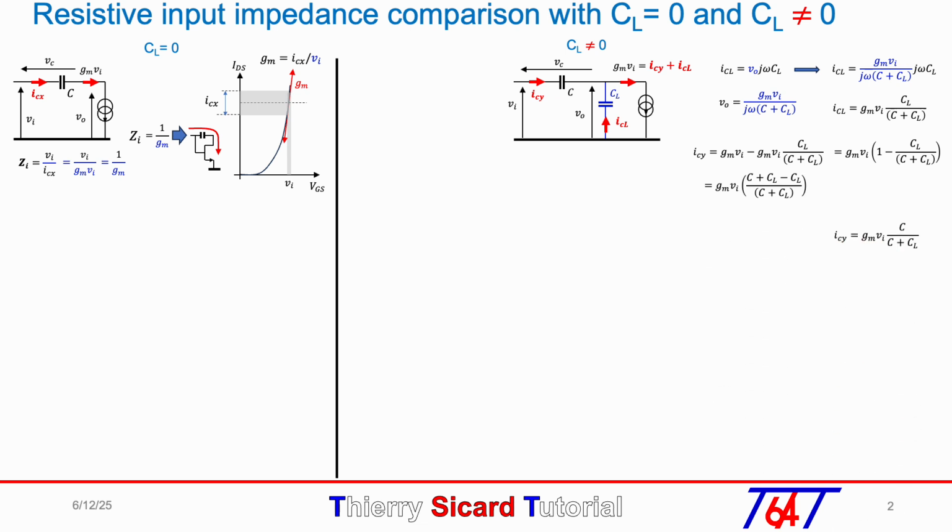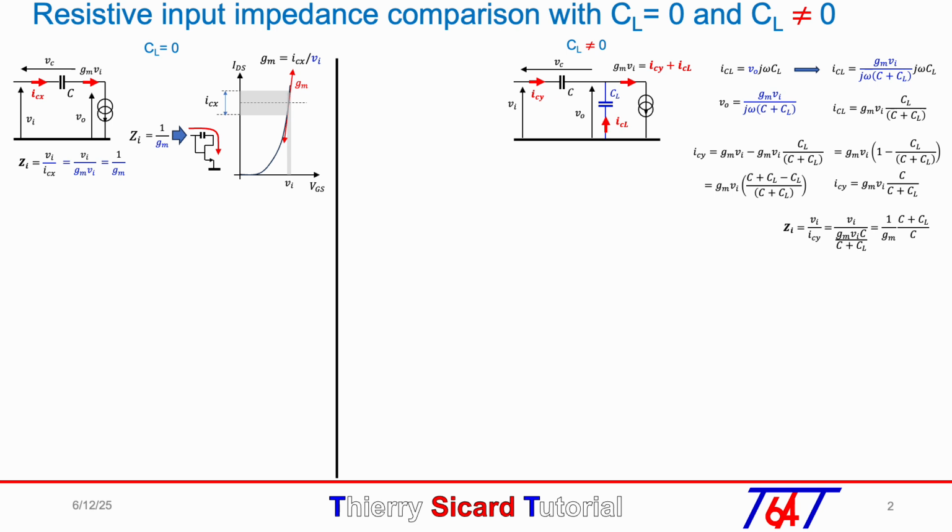After arrangement, ICY equals Gm times Vi multiplied by C over C plus CL. The input impedance with a capacitive load CL is equal to 1 over Gm multiplied by a capacitor ratio, C plus CL over C, which is greater than 1.